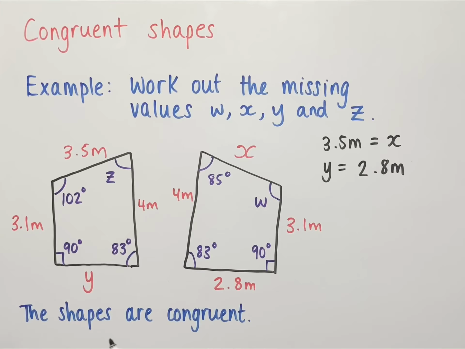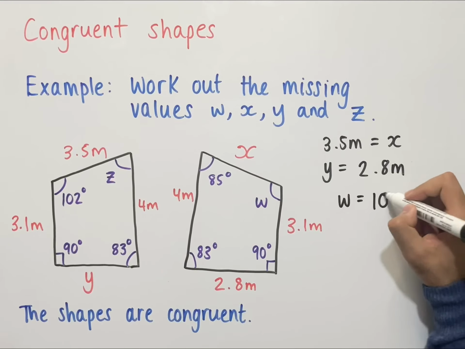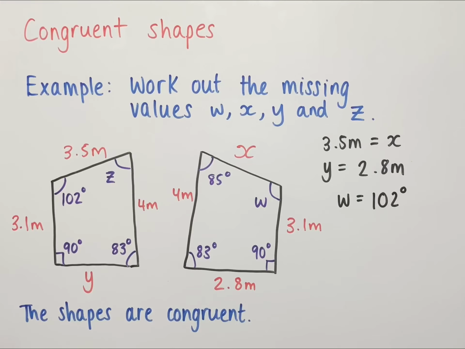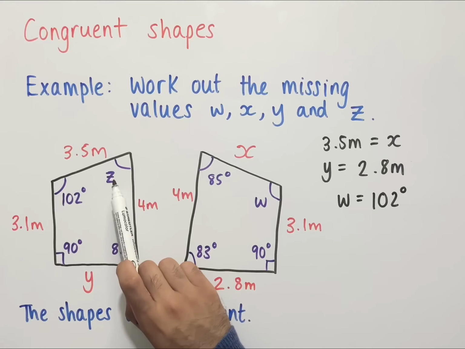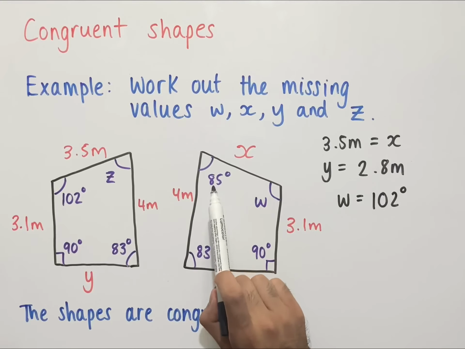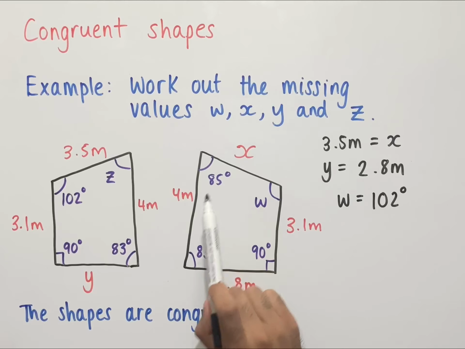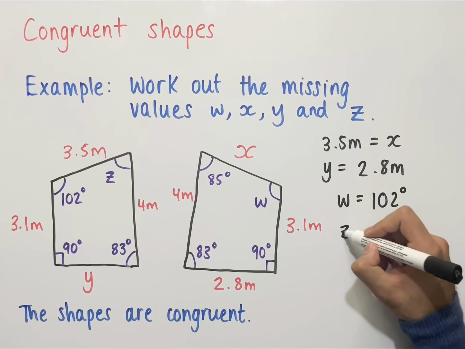Because the shapes are congruent, the two angles must be equal, and so w must equal 102 degrees. And then finally, the missing angle z we don't know, but we know that it corresponds to 85 degrees in this shape. And so since the shapes are congruent, z must equal 85 degrees.